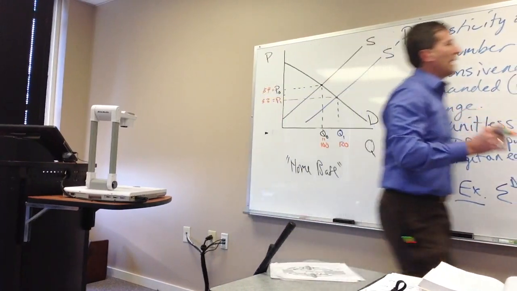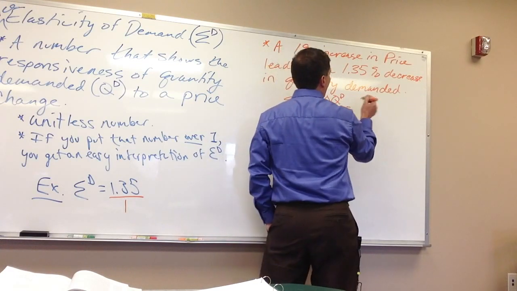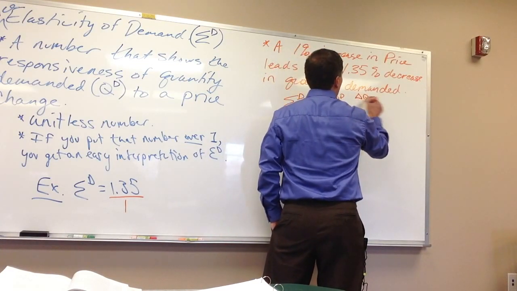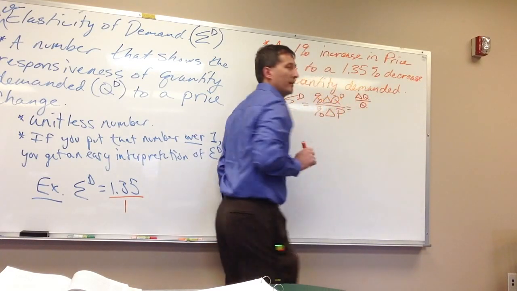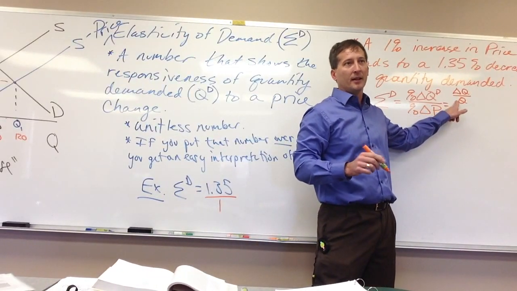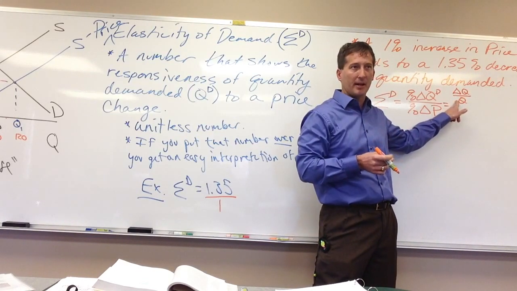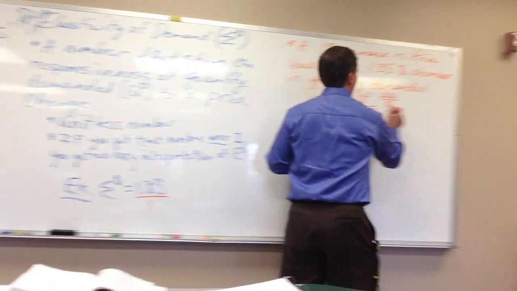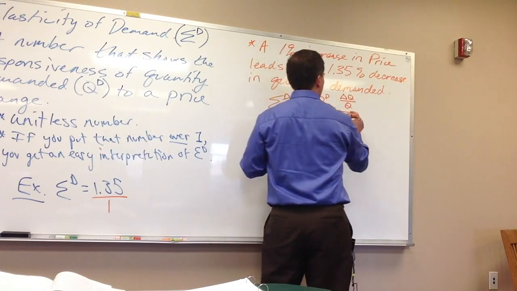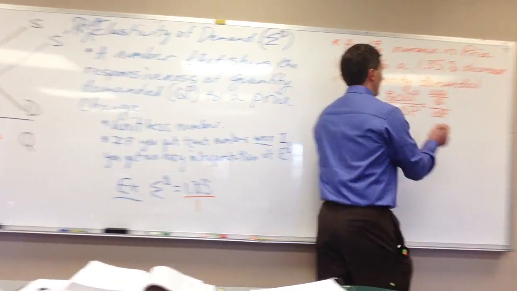And so from that, we can generically write this formula as the change in quantity divided by the point at which we're estimating it, that quantity. New number minus the old number divided by the old number, but they're close to being the same anyway. Right? Divided by the percentage change in the price. Same thing going on there.